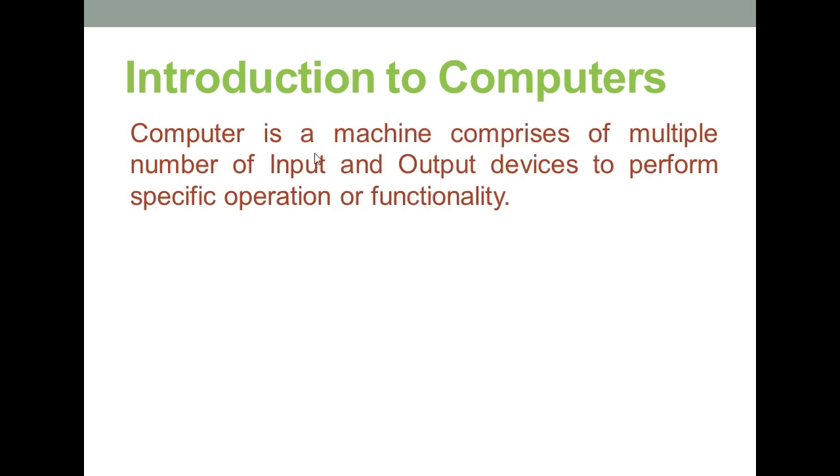We can also say that it is a machine which comprises multiple input and output devices to perform specific operations or functionalities. If you want to perform any specific task, for example, you are using the MS Word application and you want to type a resume of yourself, then what devices do you require?